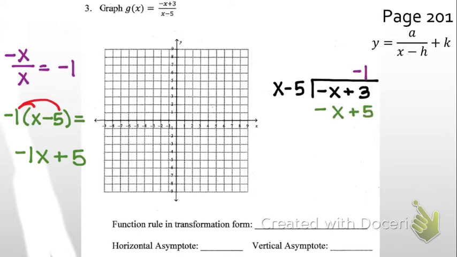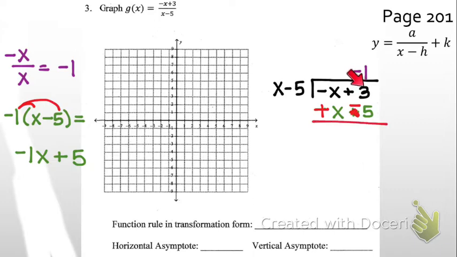But what you have to do with both of these signs is you have to flip them. So this is going to change to a positive x, and this is going to change to a negative 5. So you have to do a change. Change this to addition, change this to subtraction.